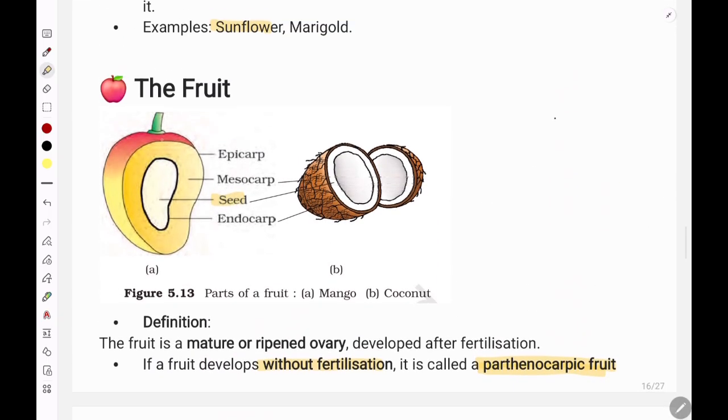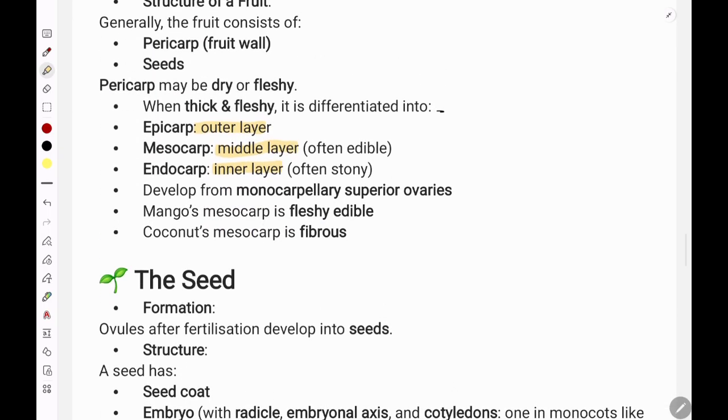Here you can see this red part. This is the epicarp. The middle part is mesocarp, which we eat. This one is endocarp, and inside the endocarp there is the seed.